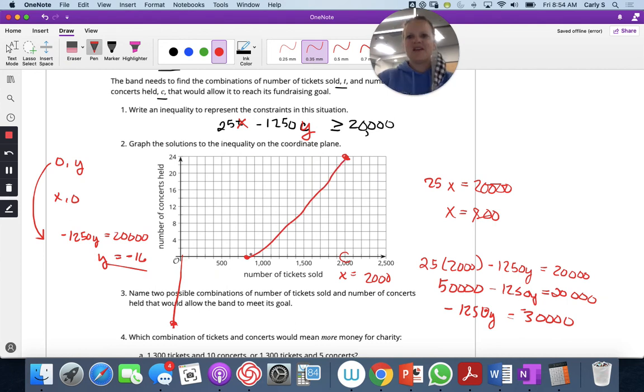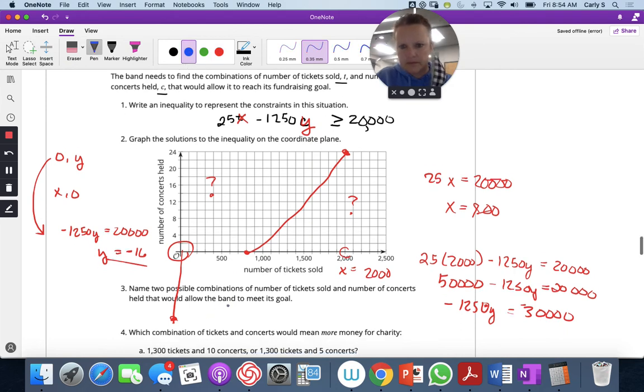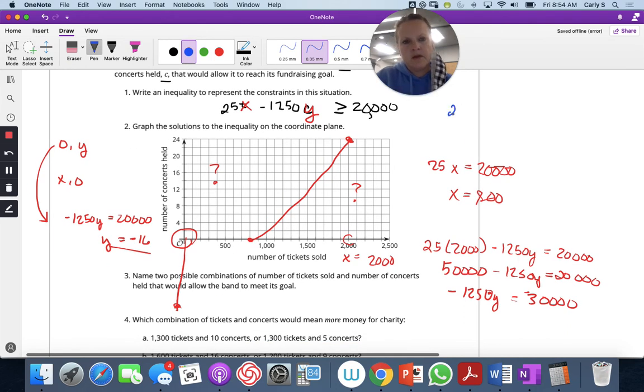So now at least I can draw a line. All right, so graph the inequality. Now, do we want to shade this side or this side? I usually test 0, 0 when I'm trying to figure out which way to shade. So if I test 0, 0, 25 times 0 minus 1250 times 0, is that greater than or equal to 20,000? 0 greater than or equal to 20,000?